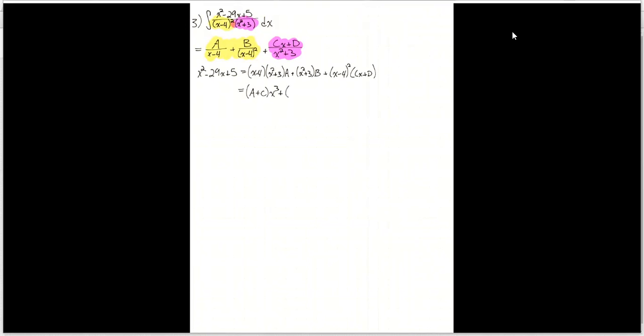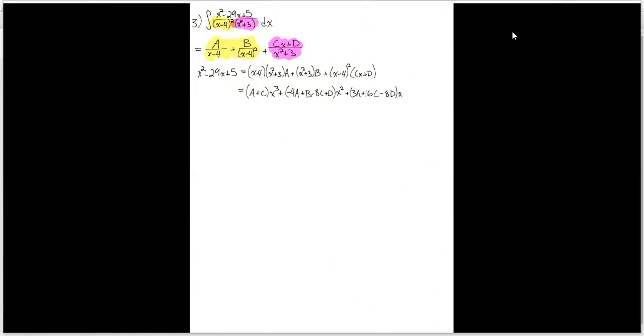Now for the x squared power, we have negative 4A plus B minus 8C plus D. And then for the linear term, just the x, we have 3A plus 16C minus 8D for x.